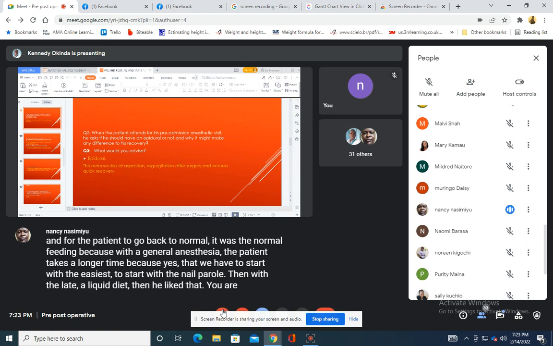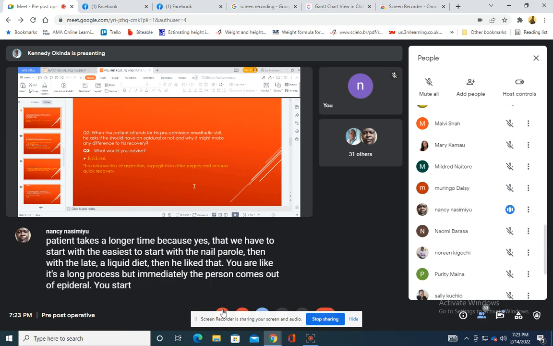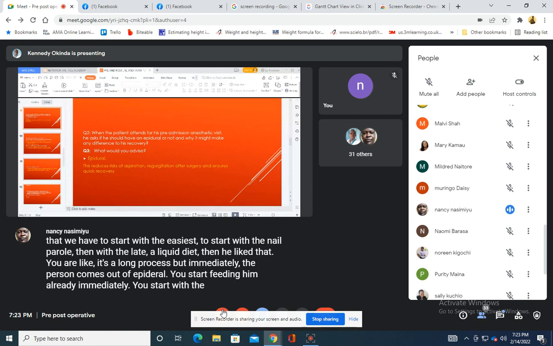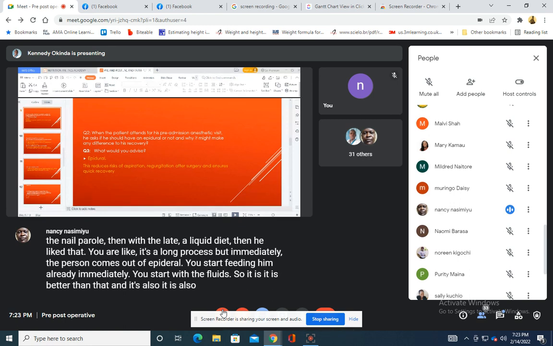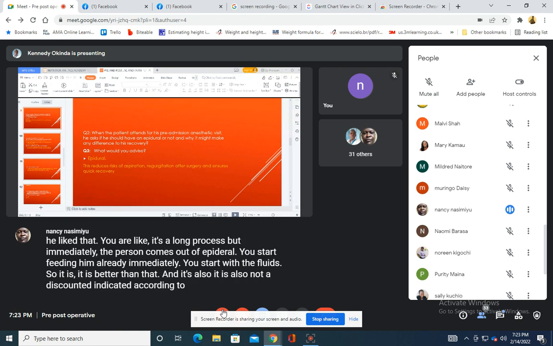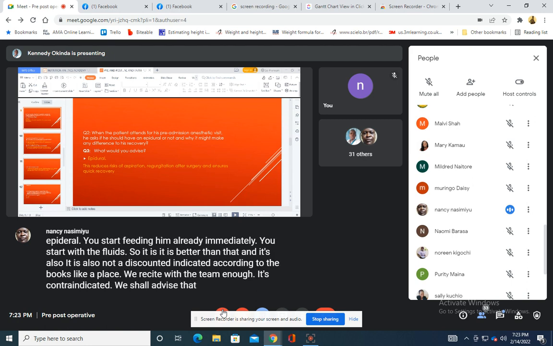It's a long process. But immediately the person comes out of epidural, you start feeding him orally, starting with fluids. So it is better, and general anesthesia is contraindicated according to the books we researched. We shall advise that we go for epidural because of that.